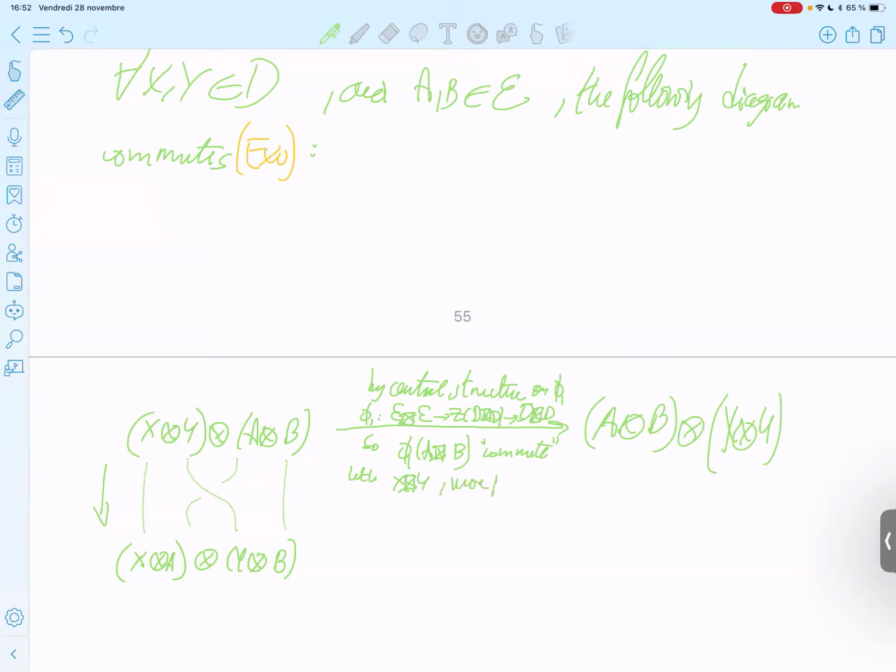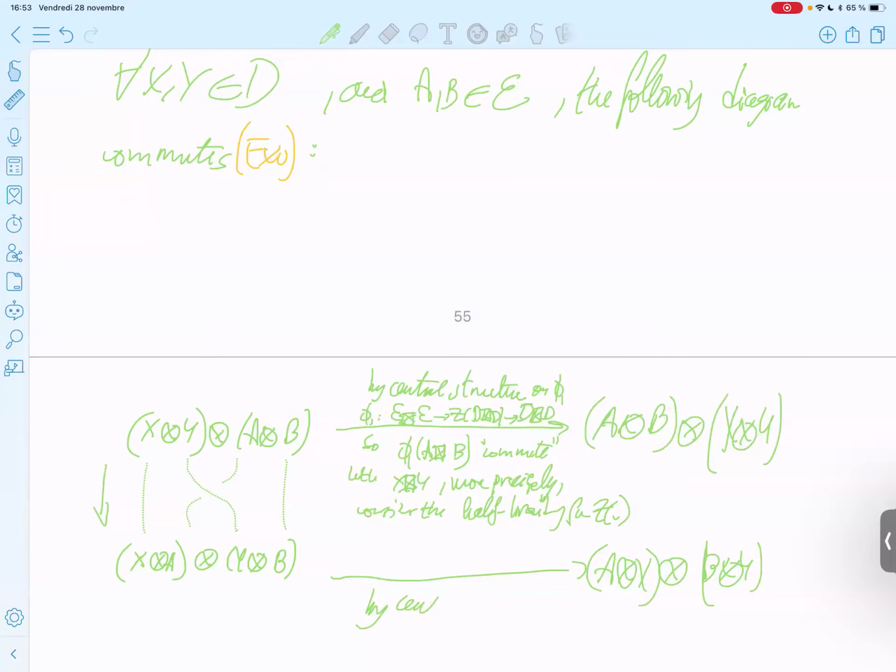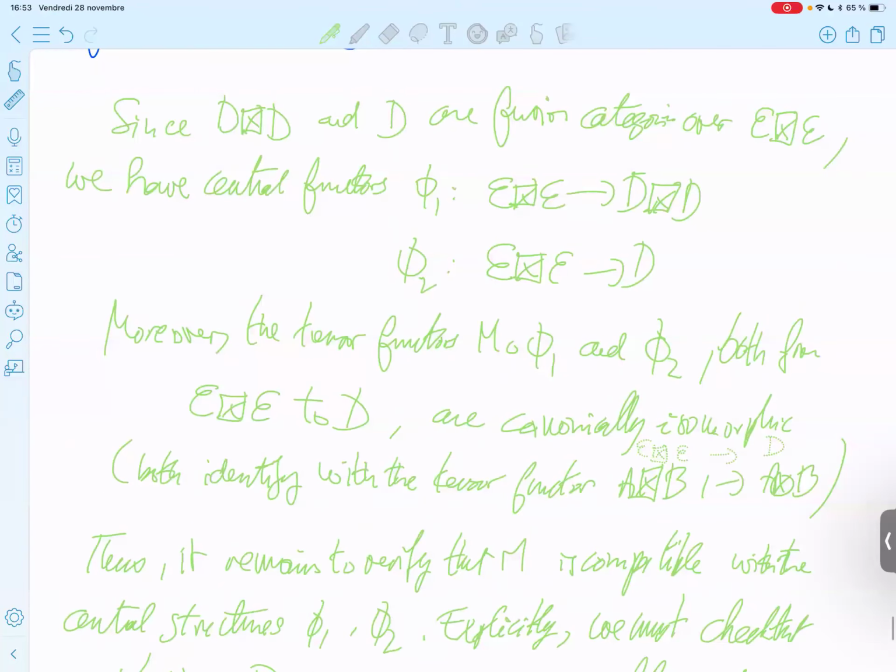More precisely, consider the half braiding from the Deligne tensor. It's really confusing. And same from here: A tensor X, tensor B, tensor Y. Here by the central structure on phi 2. So let me recall phi 1, phi 2.